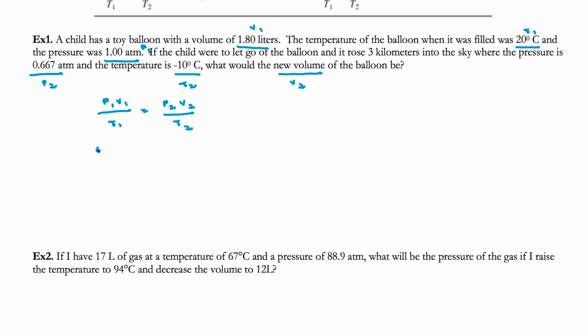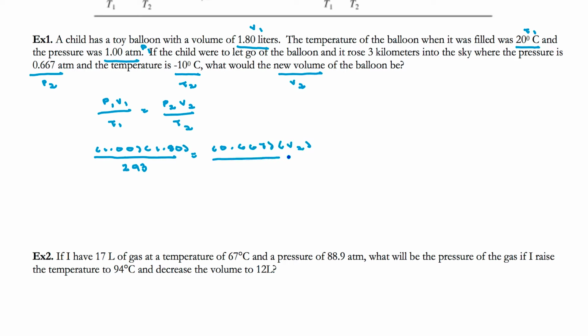So 1 atmosphere, my volume is 1.80. Remember, my temperature needs to be in Kelvin, so I'm going to take 20 degrees and add 273 to that, and I get 293. My P2 is 0.667. I don't know my V2, so I'm solving for that.